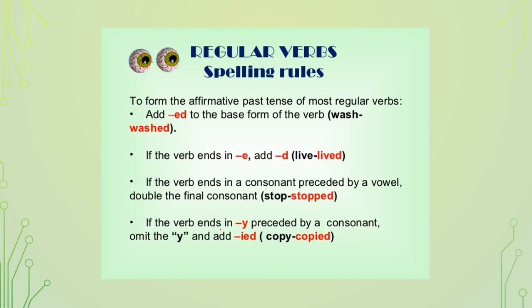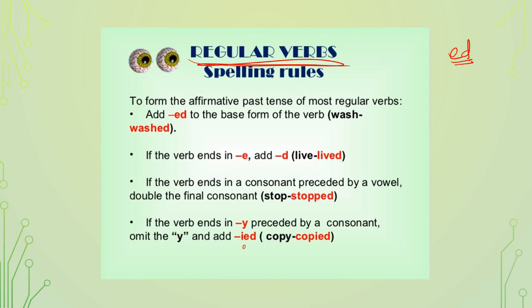If the verb is ending with y, you will drop the y, you will remove the y and write i plus ed. In place of y, you will write i and ed. So these are some rules for regular verbs. Not in every situation are you adding ed only, but for how you write the spelling, some rules are there.